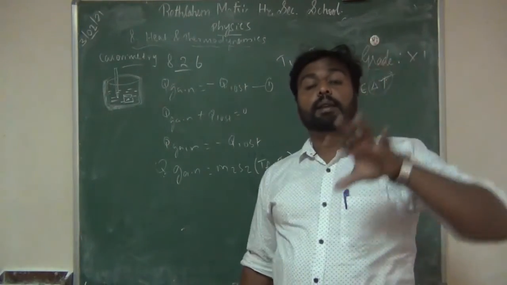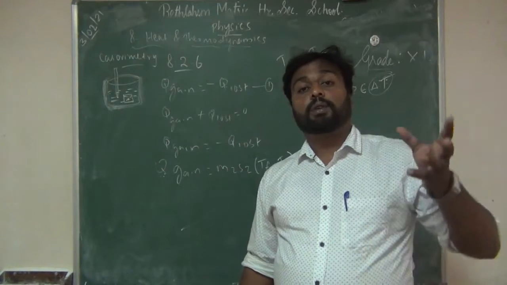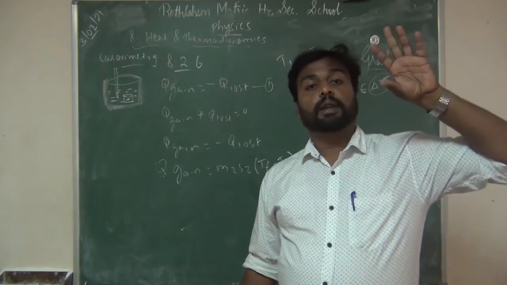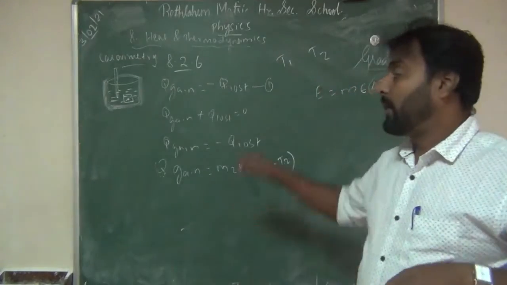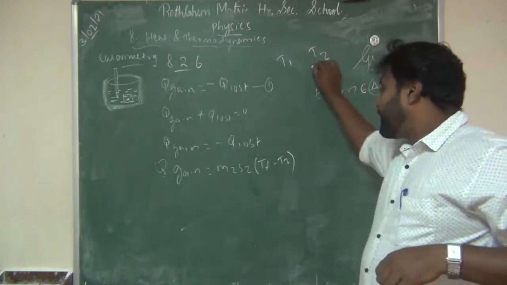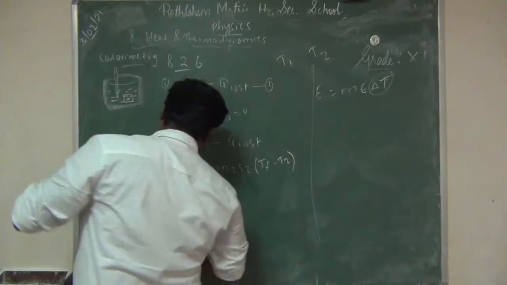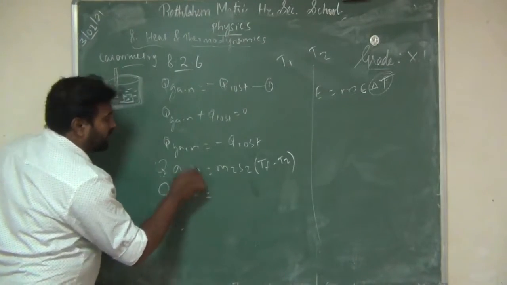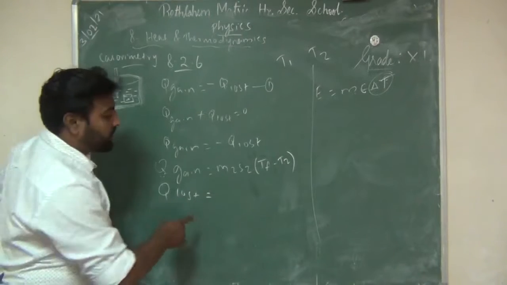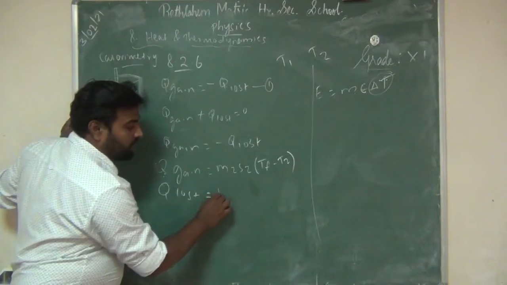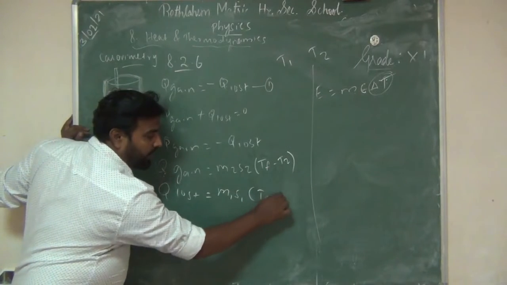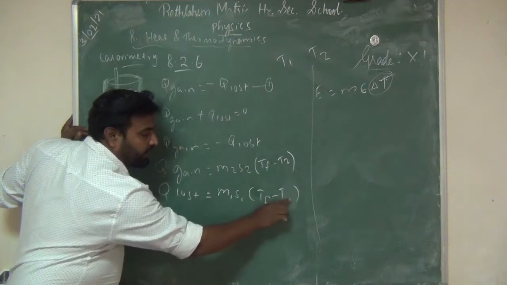TF means the final temperature after dropping the sample inside the water, and T2 means the temperature of the cold water. Now Q lost is the heat lost from object 1, so M1 S1 (TF minus T1).